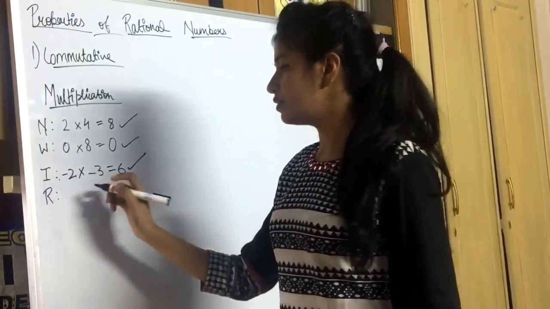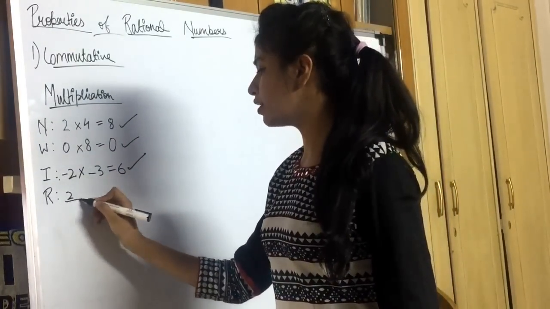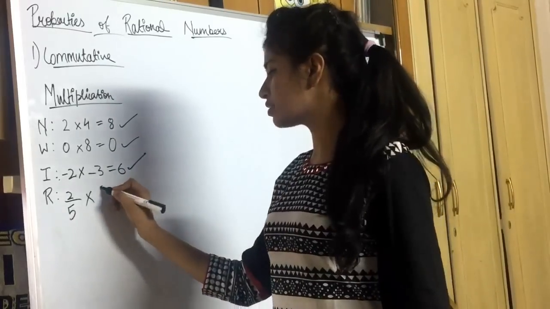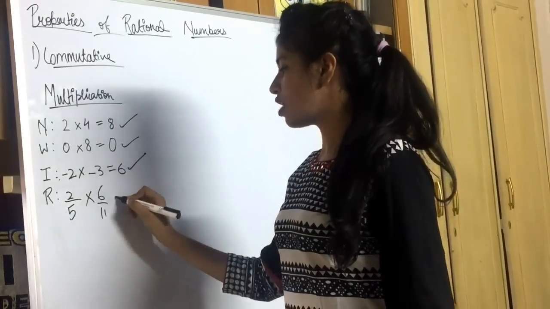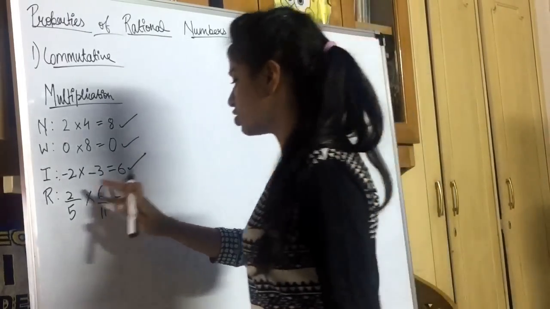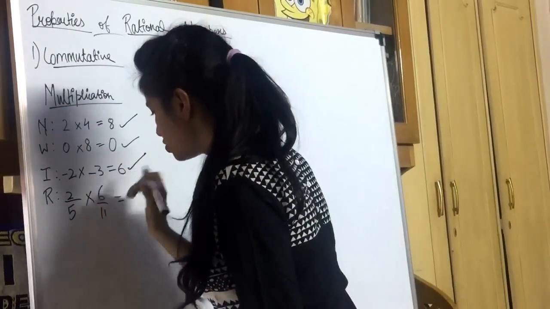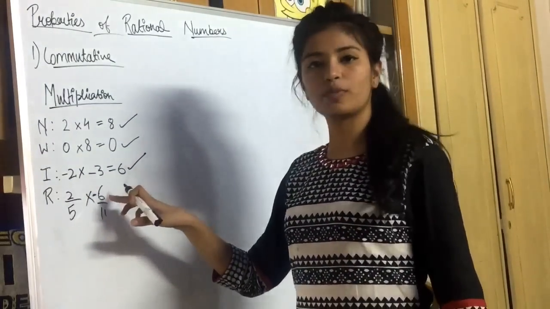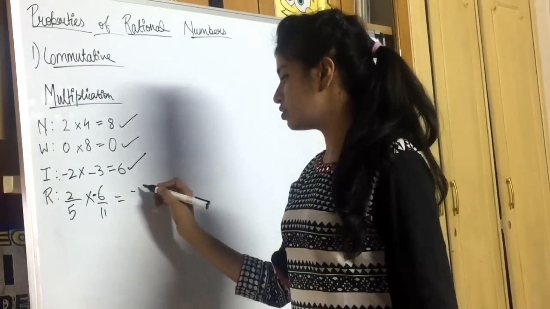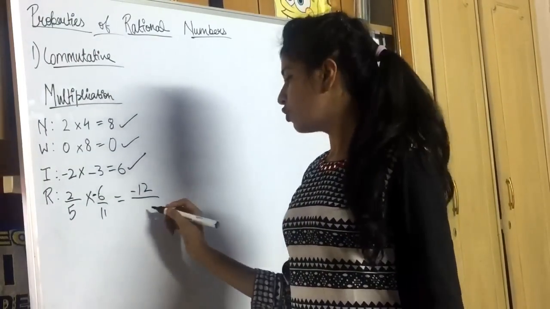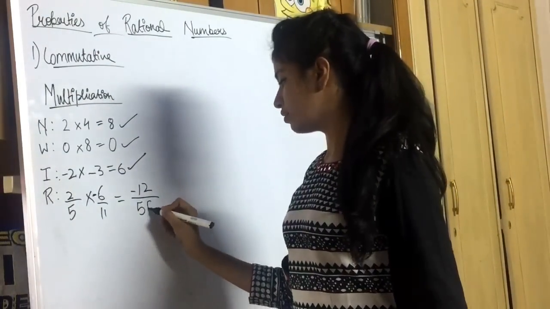So a rational number, say 2 by 5 into another rational number, say minus 6 by 11, because rational numbers have both negative and positive fractions. So 2 into minus 6 gives us minus 12, and 5 into 11 gives us 55.